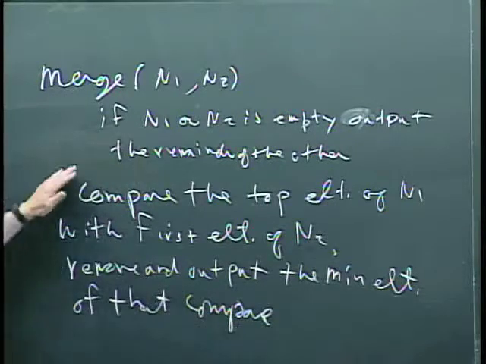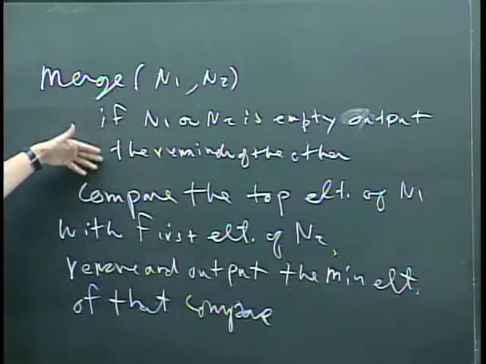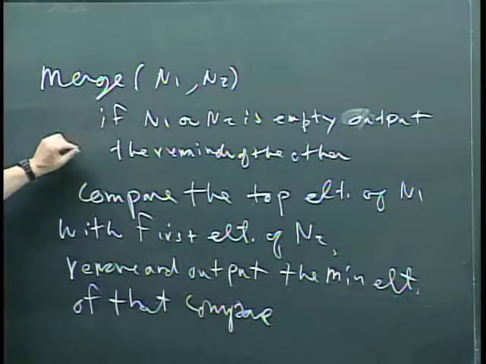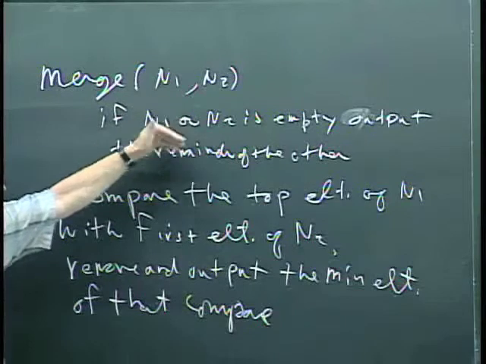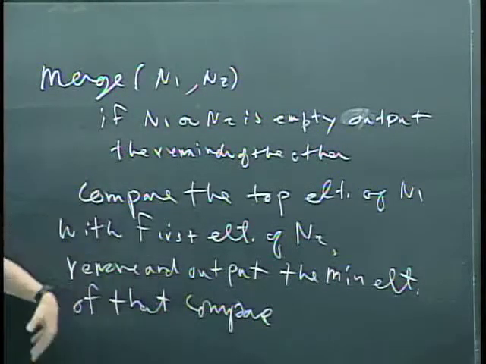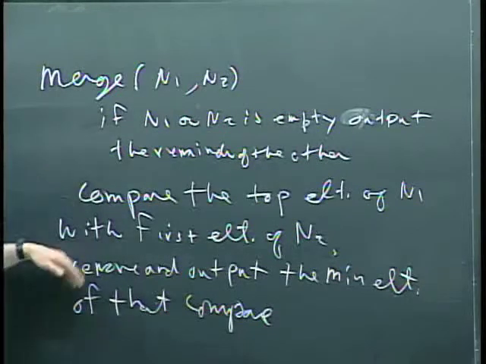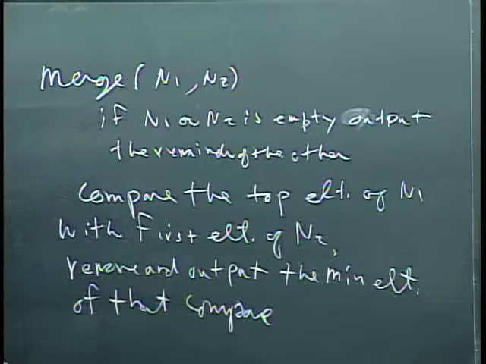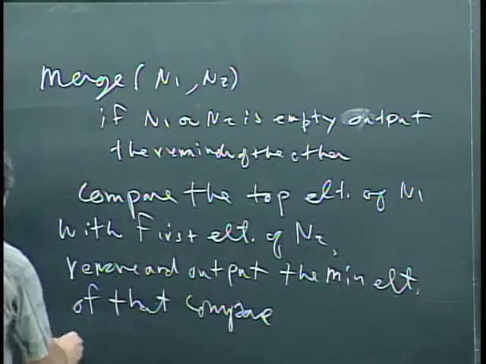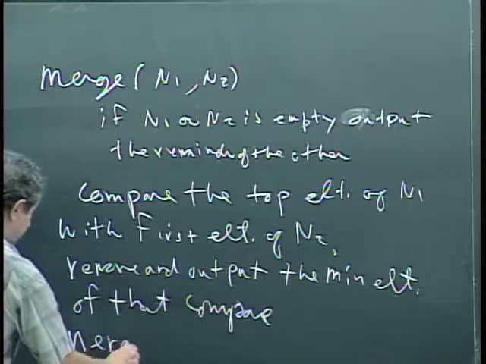Last time I said successively do this, and then I threw it in as an afterthought. But the way I'm writing it now, you're testing whether one of the two lists is empty, and then you're doing the comparison. So where do I want to put the logic of successively? Well, you want to be able to catch that in there as well. So I'm actually going to write this recursively.